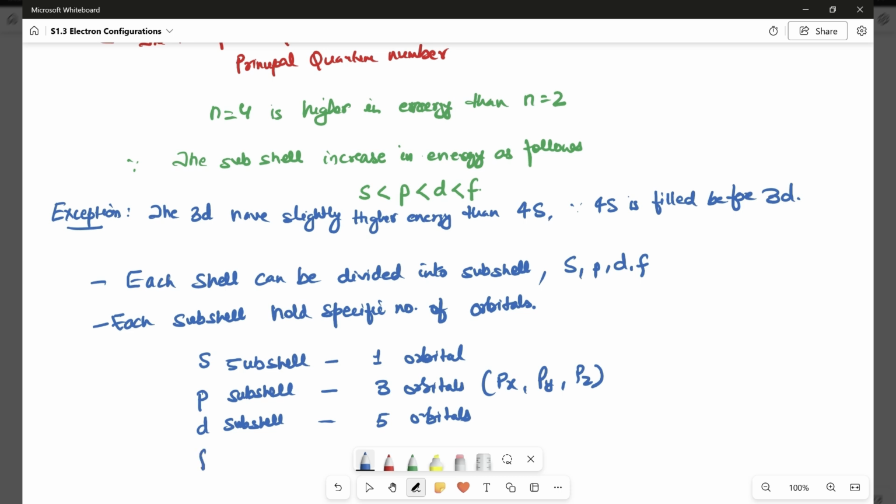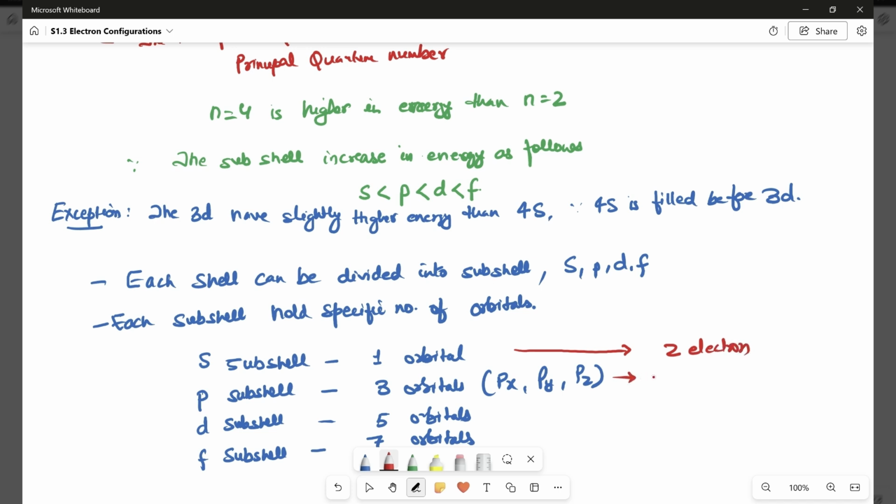And f subshells have seven orbitals. And if we check with the number of electrons they carry, you can easily find out. Each orbital holds two electrons, so two electrons will go in s.